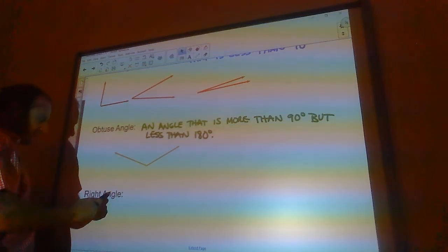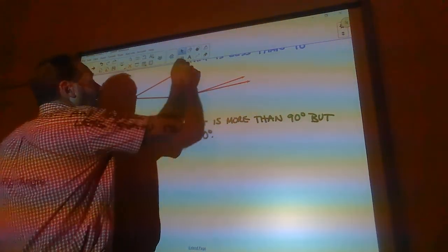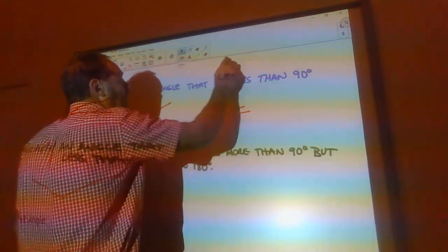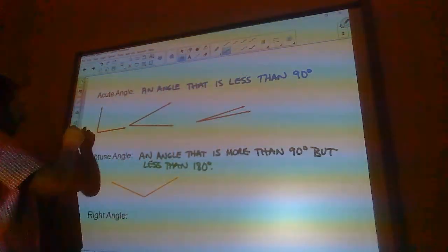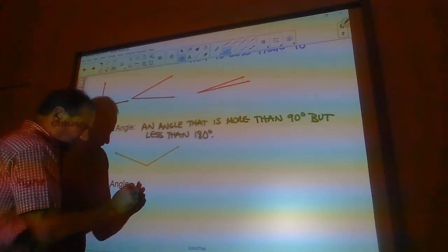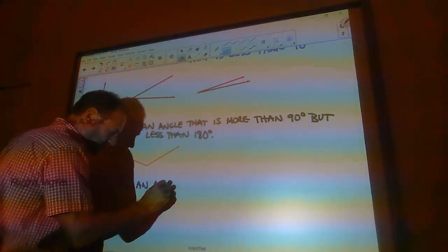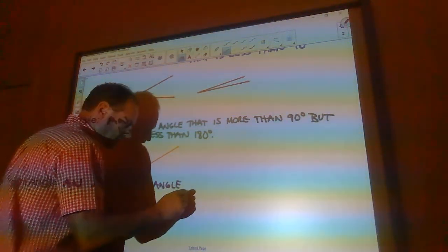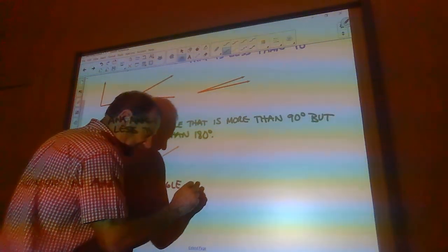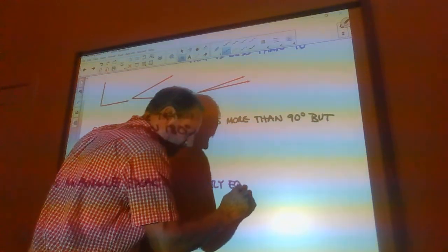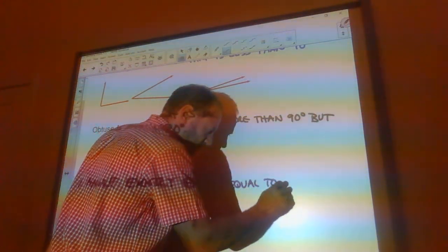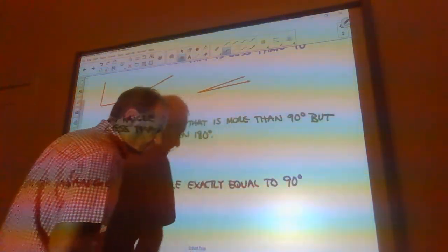A right angle is an angle that is exactly equal to 90 degrees.